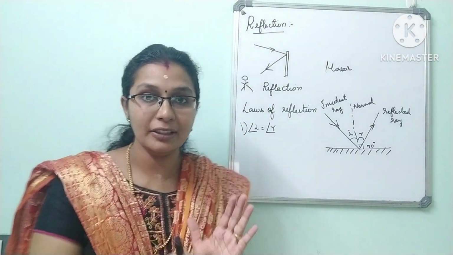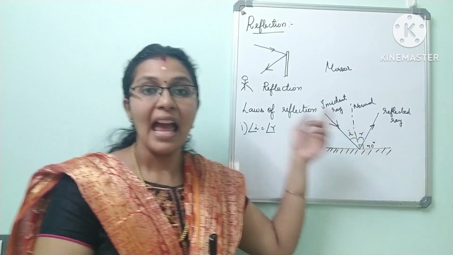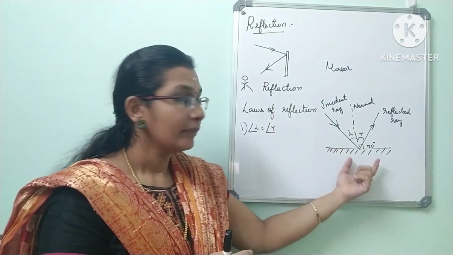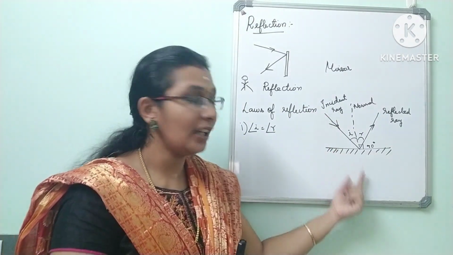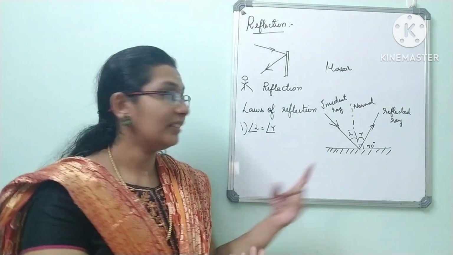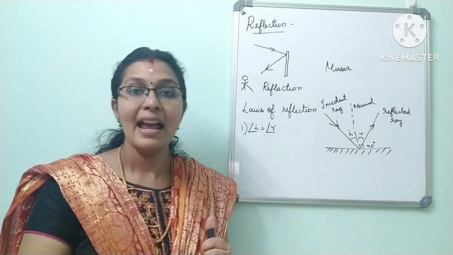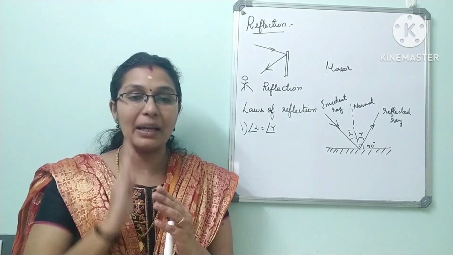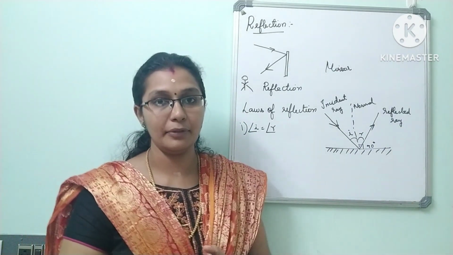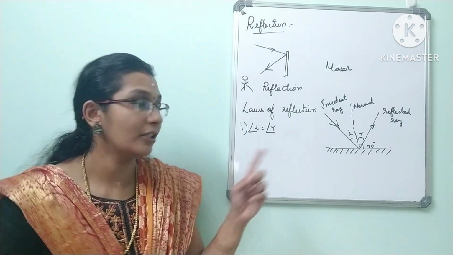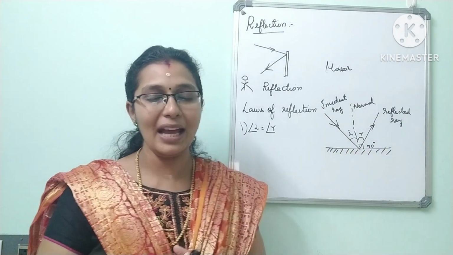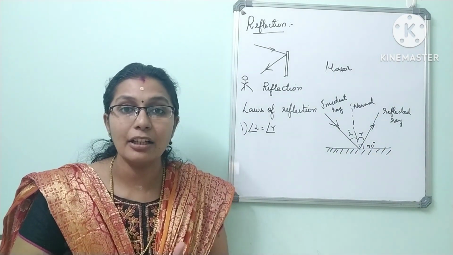Now clear? So what are all the terms? You have a surface and an incident ray is falling on it. After falling on it, it is reflected, which is nothing but the reflected ray, and you draw a normal which is perpendicular to this reflecting surface. Clear? So the first law states that the angle of incidence is equal to the angle of reflection. What do you mean by angle of incidence?